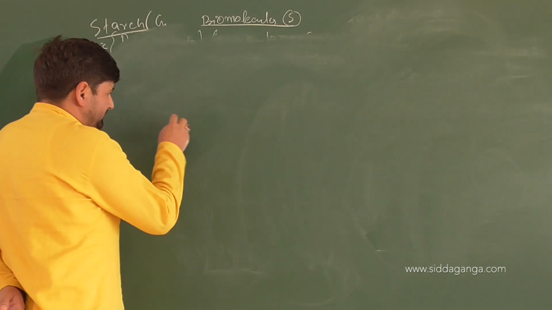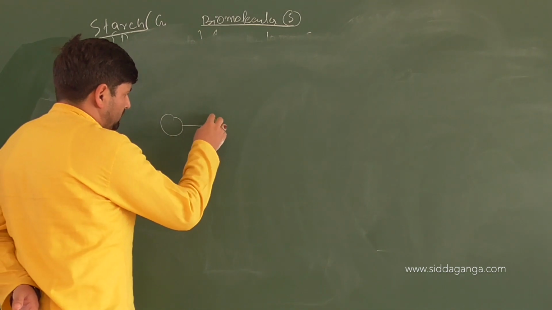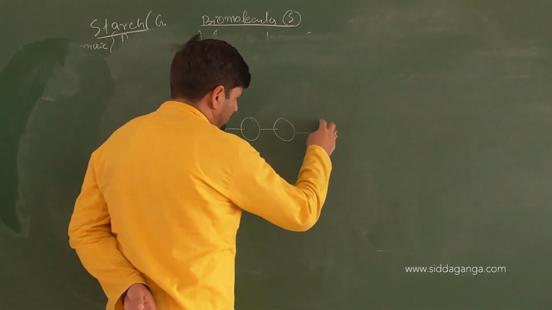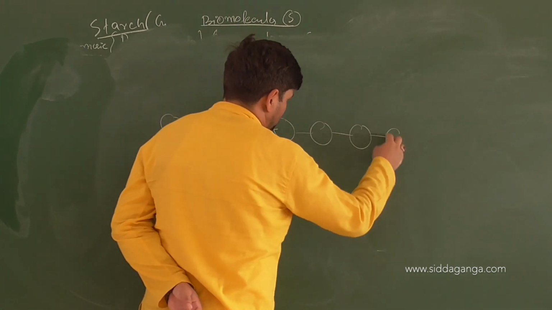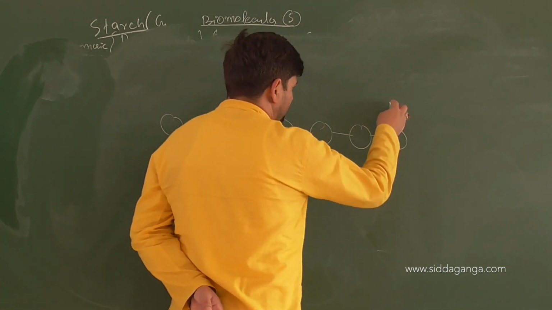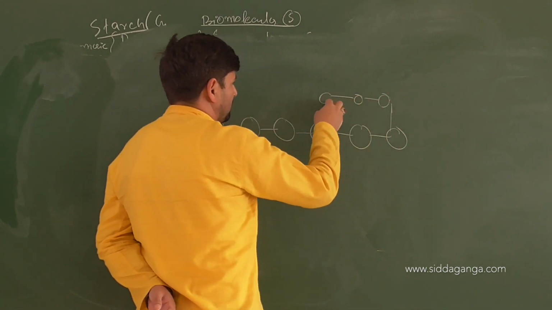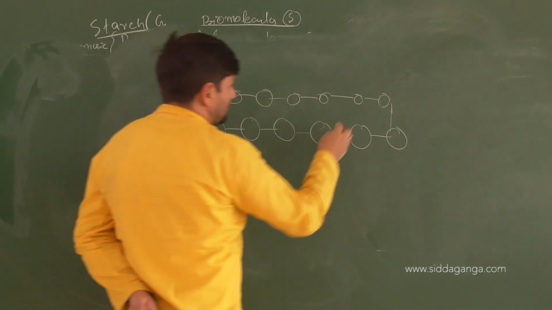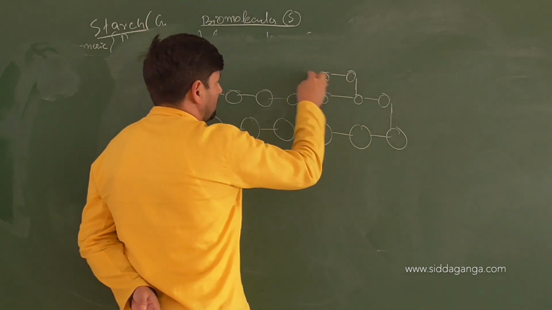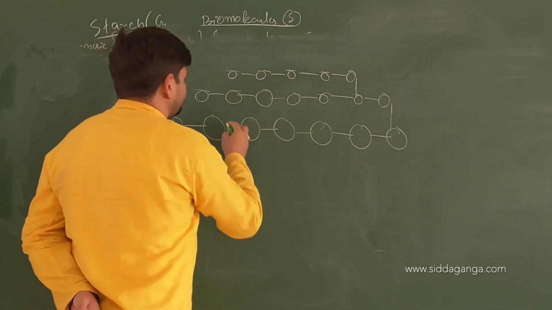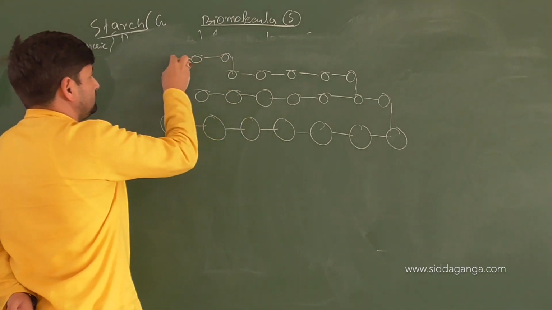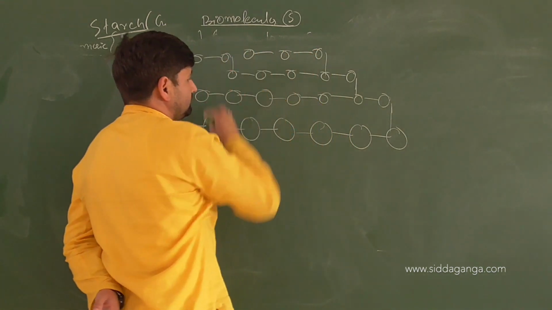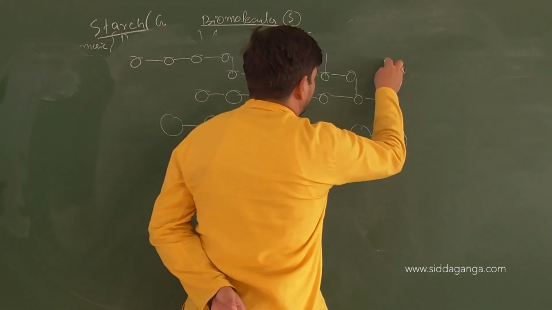So it will be like this. Okay. You can have a branch originating from which end?